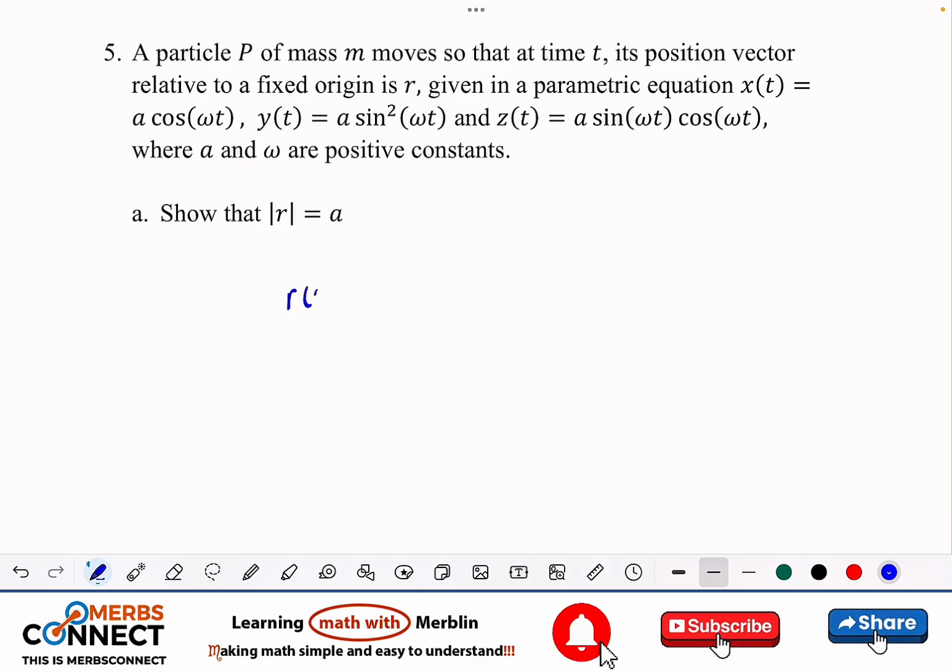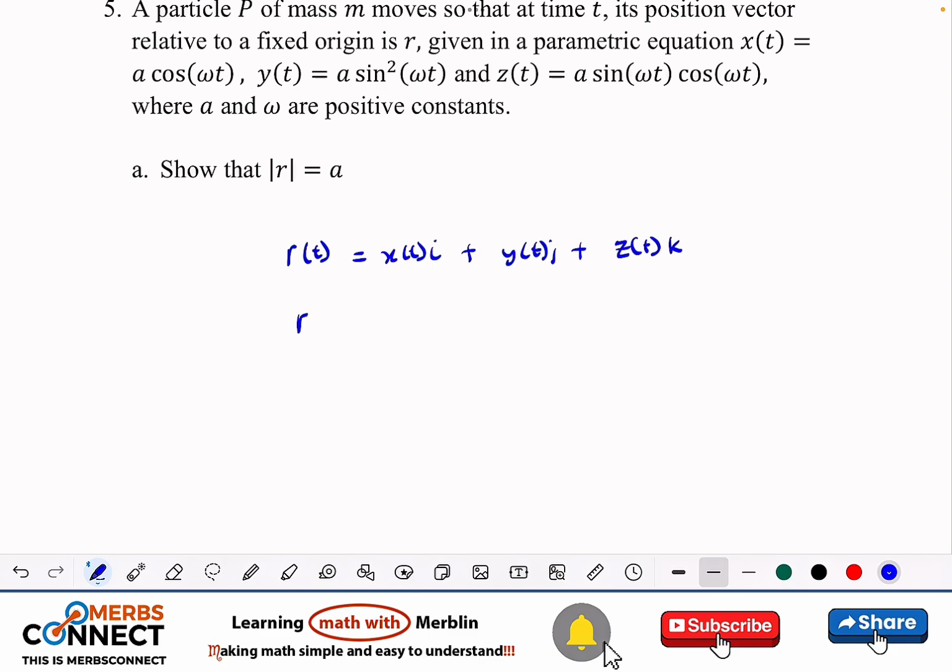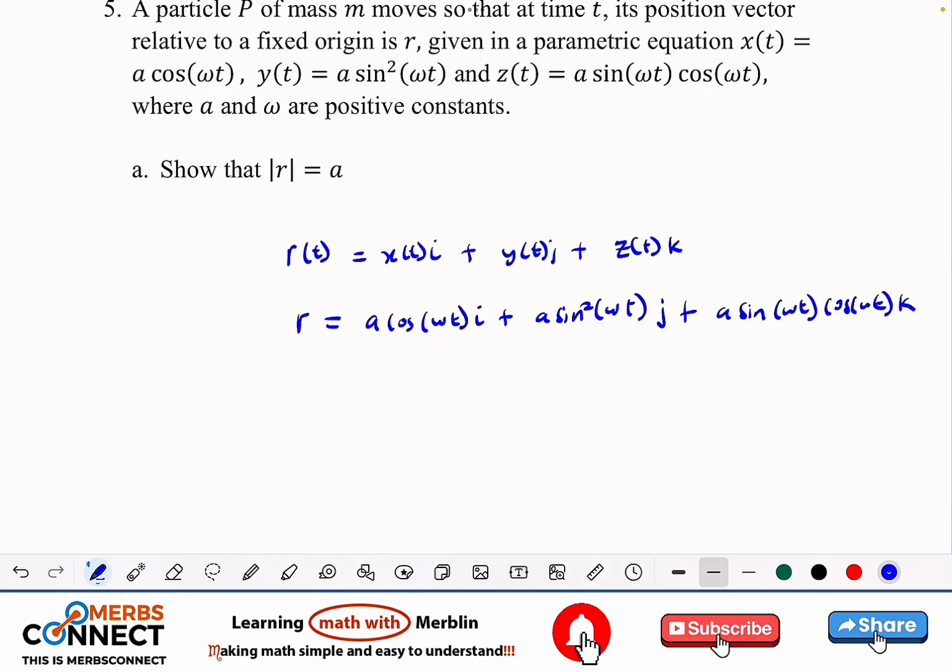So r of t is equal to x of t i plus y of t j plus z of t k. Then x is a cos omega t i, plus y is a sine squared omega t j, plus a sine omega t cos omega t k.